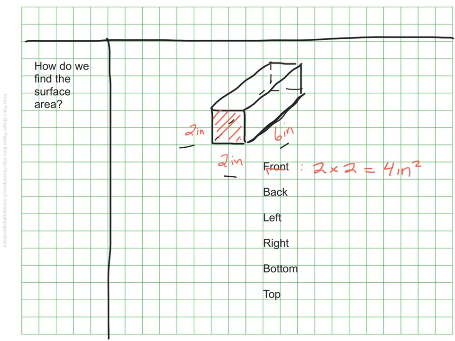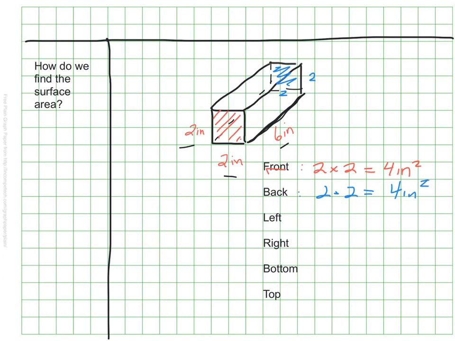So to cover that front shape, I need 4 square inches. Now the back here is actually the same, right? This was 2 and so is this, and the height was 2, and so it's still 2 in the back. So the back is actually the same thing. So it's again 2 by 2. So again, this is 4 more square inches.